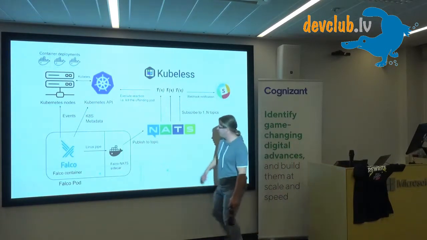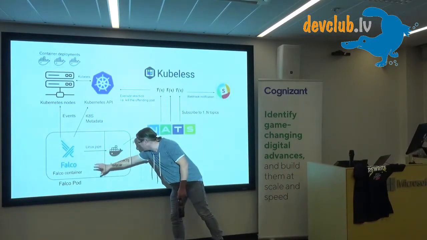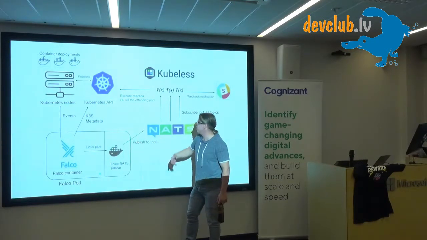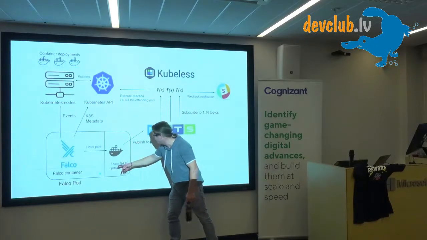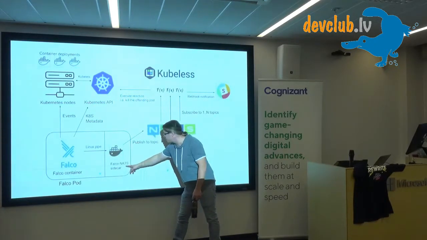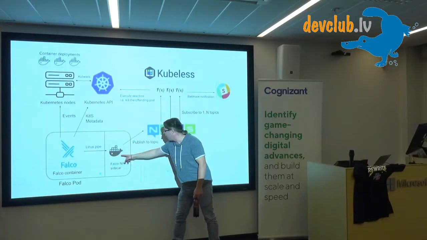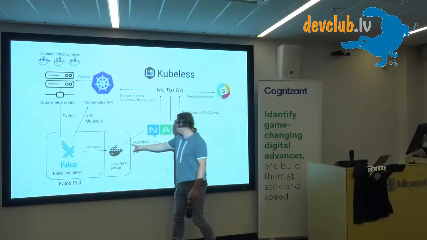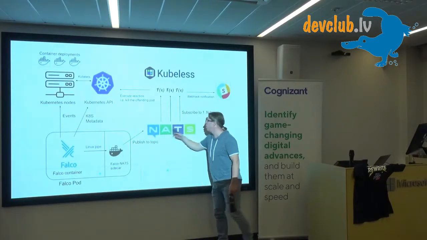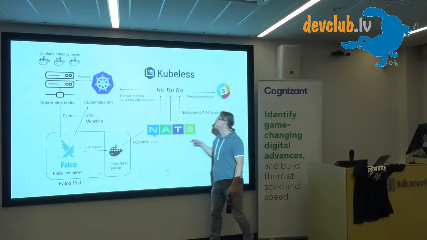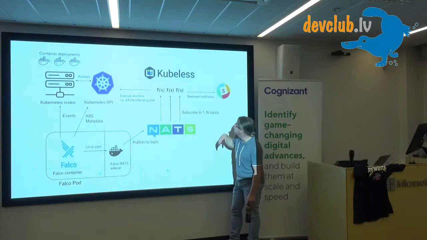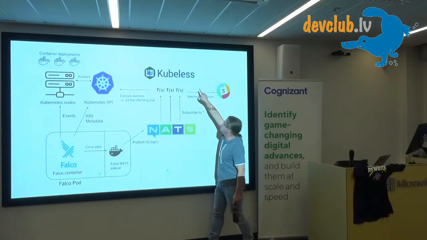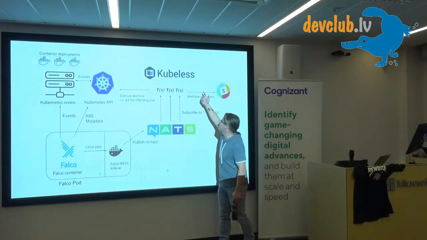Shortly and really fast: we have Falco running there that captures the events we define, and when it matches something, it sends it to the Falco NATS sidecar, which parses the alert, takes the severity, and publishes it to a severity topic on the NATS message broker. Then we have Kubeless running in the Kubernetes cluster.